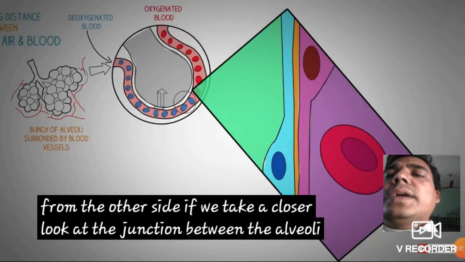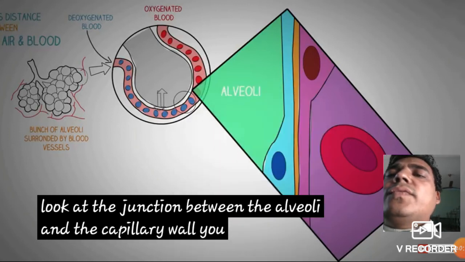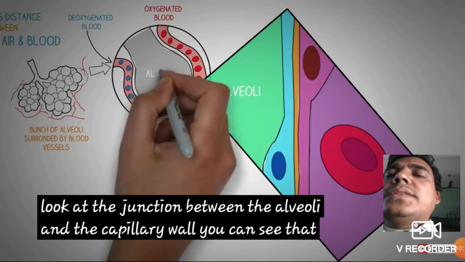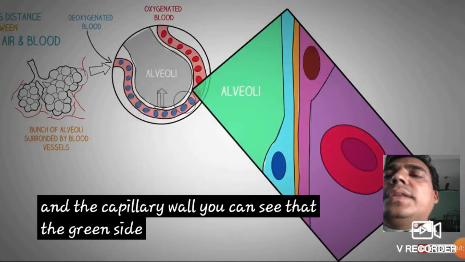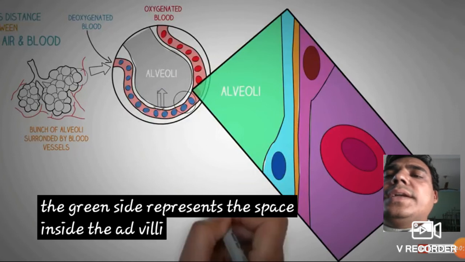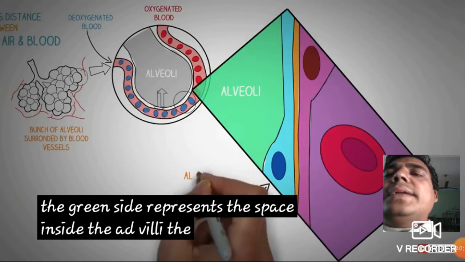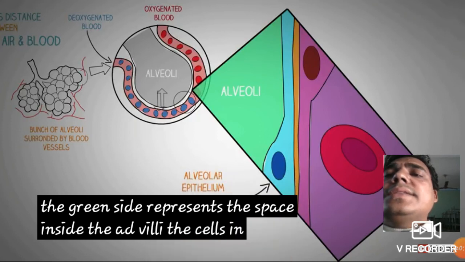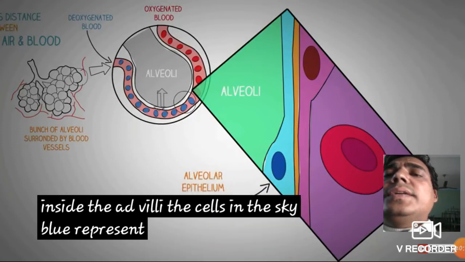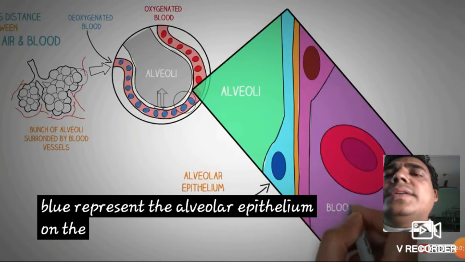If we take a closer look at the junction between the alveolus and the capillary wall, you can see that the green side represents the space inside the alveolus. The cells in sky blue represent the alveolar epithelium.